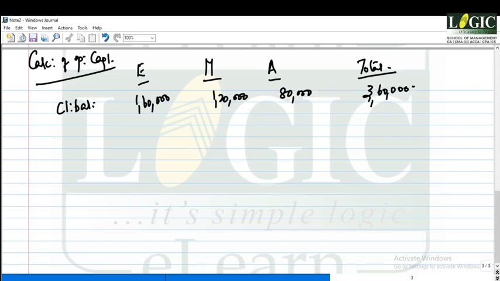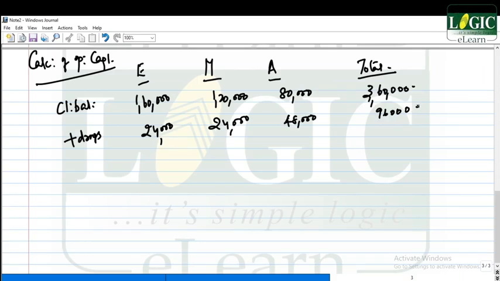So I told you to put it in the reverse gear, so you will be adding back drawings. How much? Drawings were 24,000 each for Eileen and Monu, and for the last person, Ahmed, it was 48,000. So totally it is 96,000.